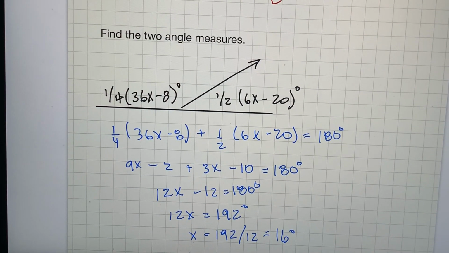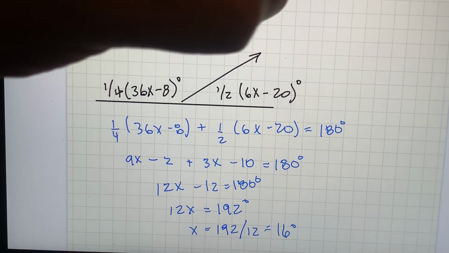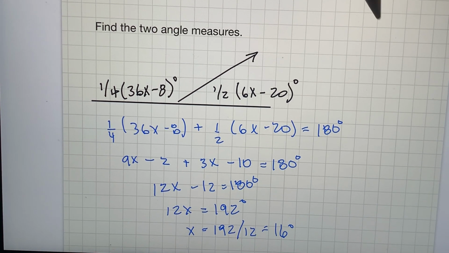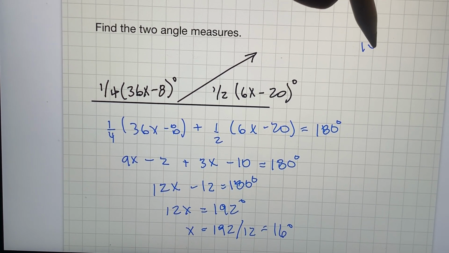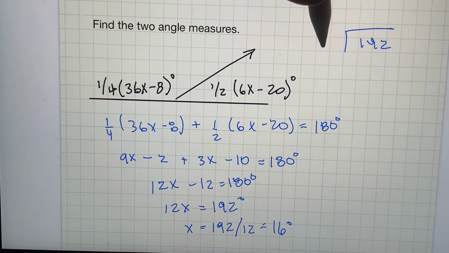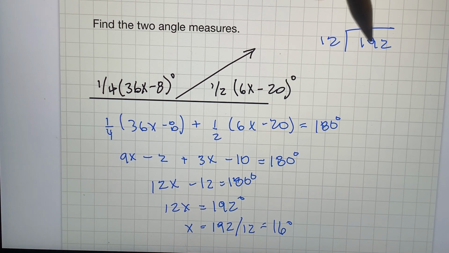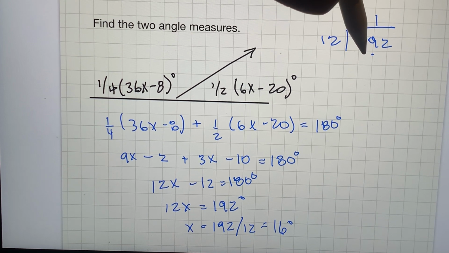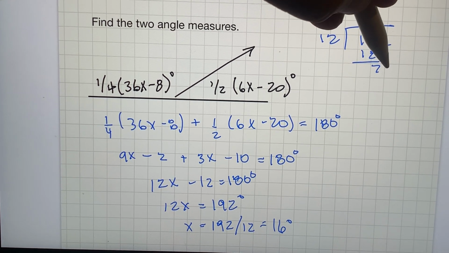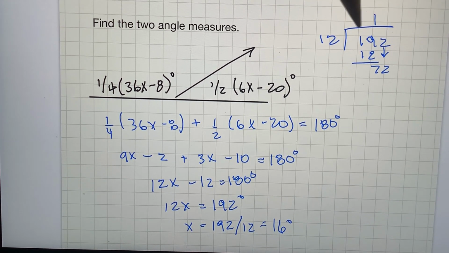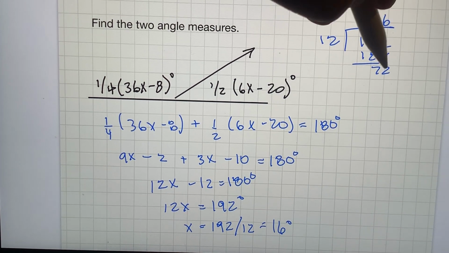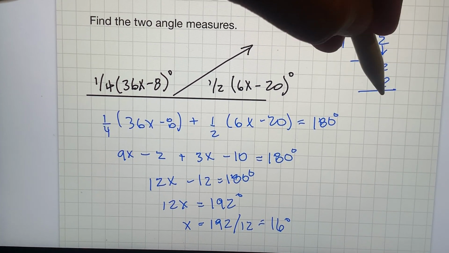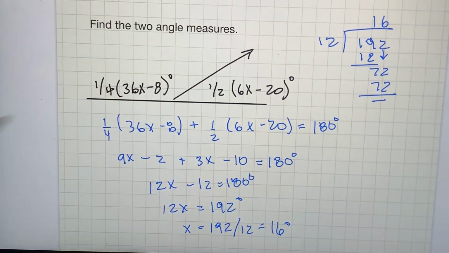But don't take my word for it. Let's do it. So we can say, let me see here, 192 divided by 12. 12 and 19 is only 1, so that'll be 12, so that we have 72, and 6 times 12 would be 72, so that is 0, so 16.